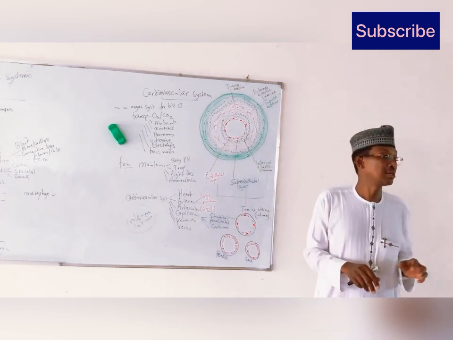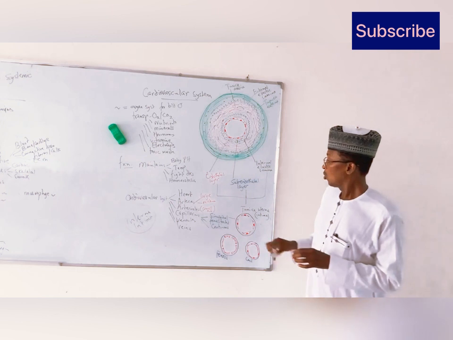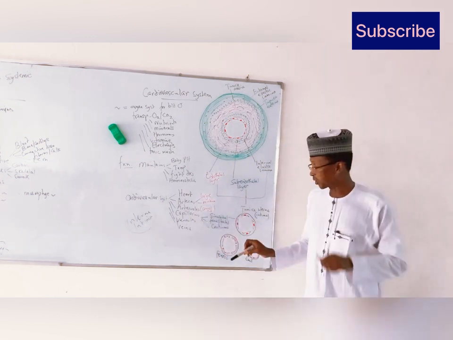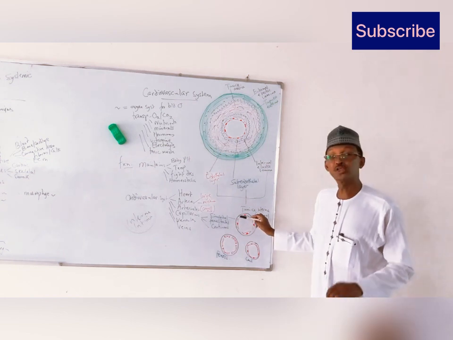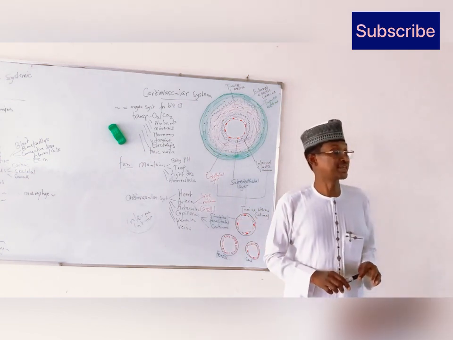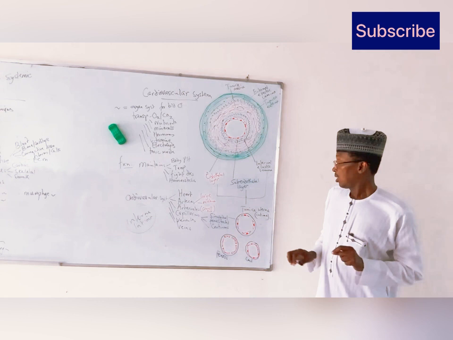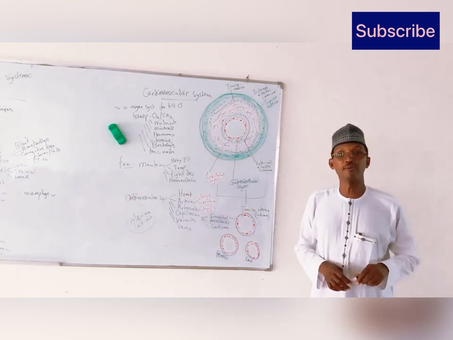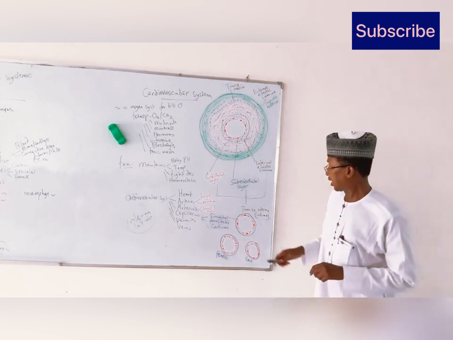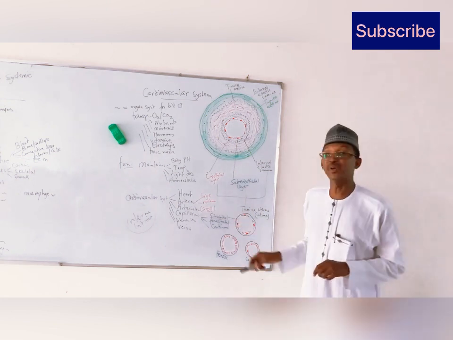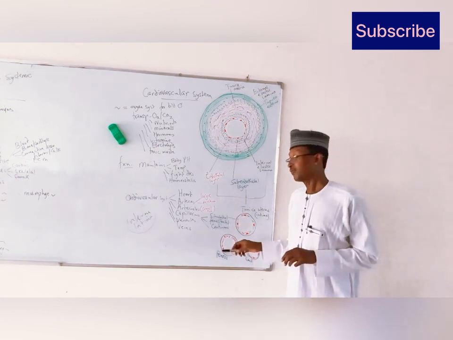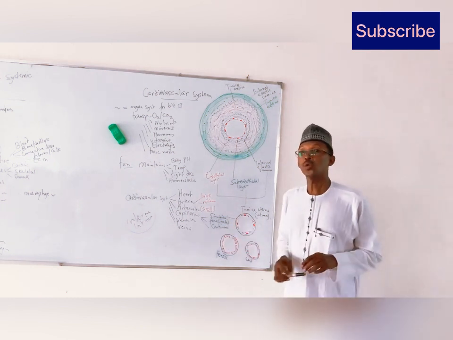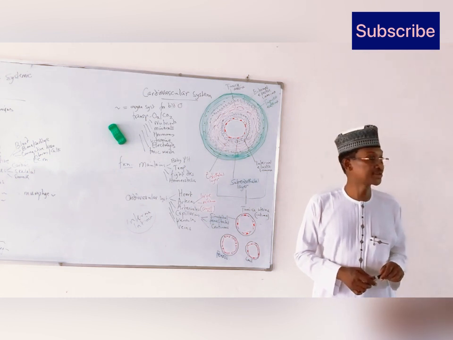That is what matters. When you now talk about the capillaries or venules, we are talking about only two histologic layers. When you take the capillaries, there are three categories of capillaries. There is what we call sinusoidal capillary, we have fenestrated capillary, and then we also have what we call continuous capillaries.